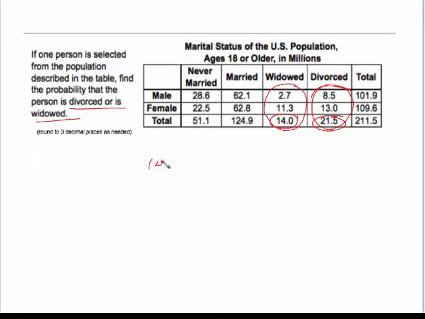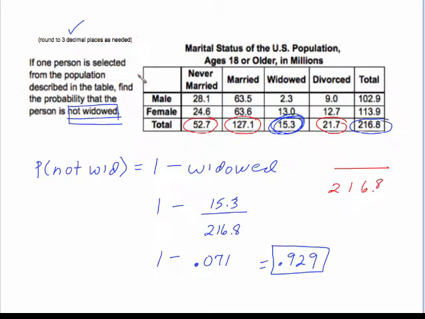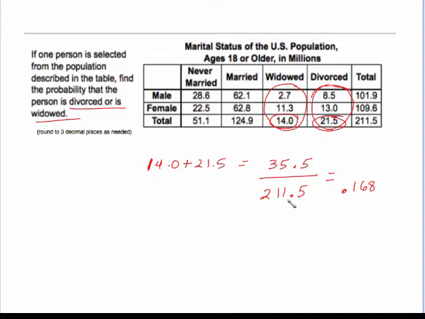So 14.0 plus 21.5, which is 35.5, out of the total number of people surveyed, and we just divide that out to get 3 decimal places, which is 0.168. So the last 2 examples had nothing to do with dependent or independent. It just went back and used some definitions from before. The previous one used the not, and then this is just our basic or.